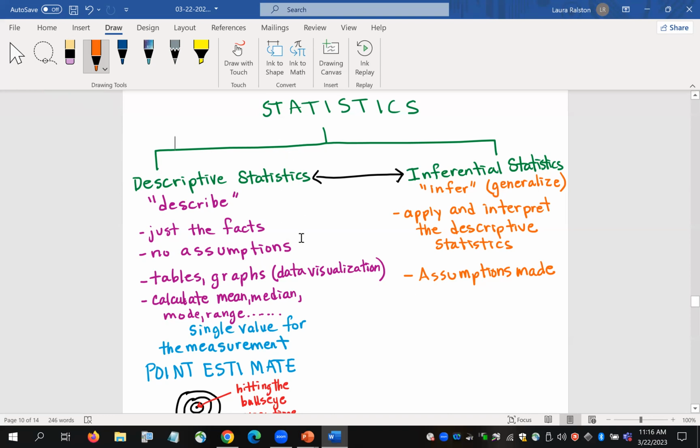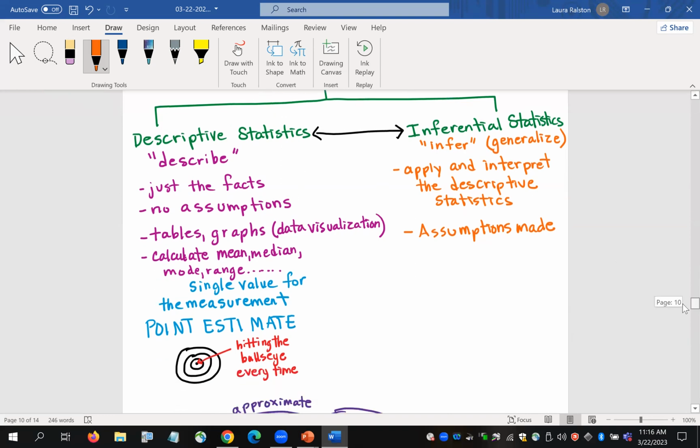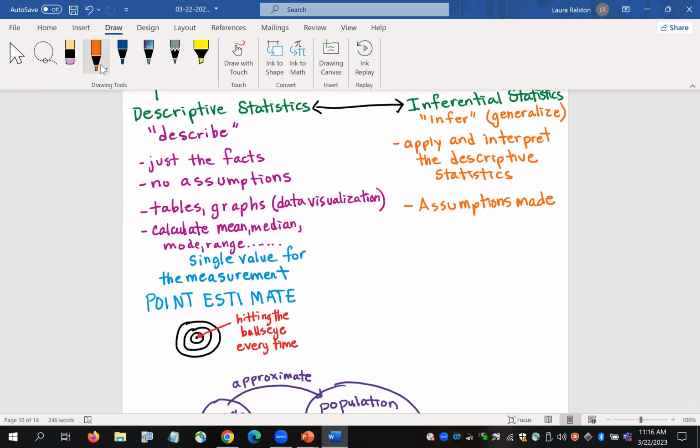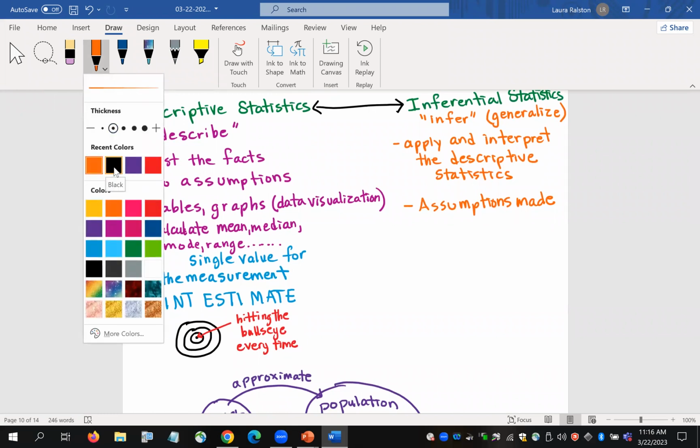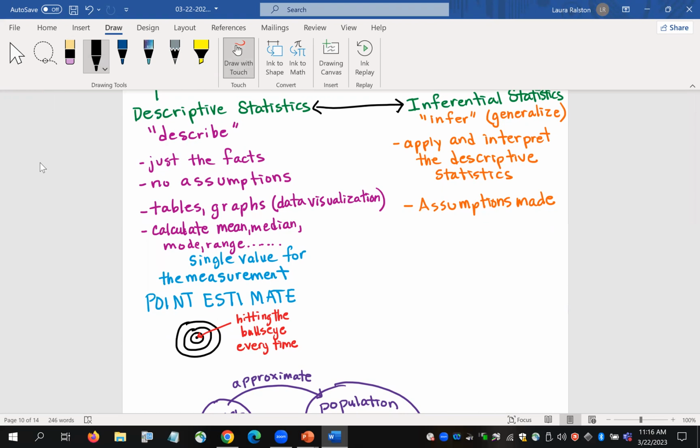But one of the things we can do with inferential statistics is, instead of using a single value for the measurement, we can begin to think about using what we call an interval estimate.